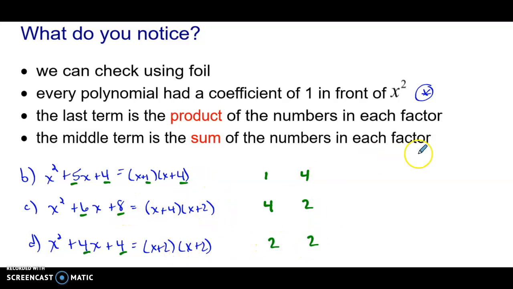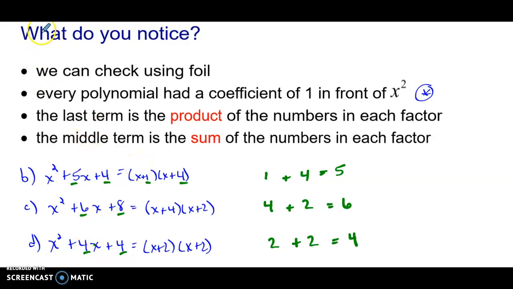And what I want you to remember, and this is how factoring with a leading coefficient of 1 is going to be made simpler for you, is if I look at the two numbers in the resulting factors, 1 plus 4 is 5, 4 plus 2 is 6, and 2 plus 2 is 4. And those numbers, 5, 6, and 4, are the coefficients of the x term. That's our middle term. That's important.